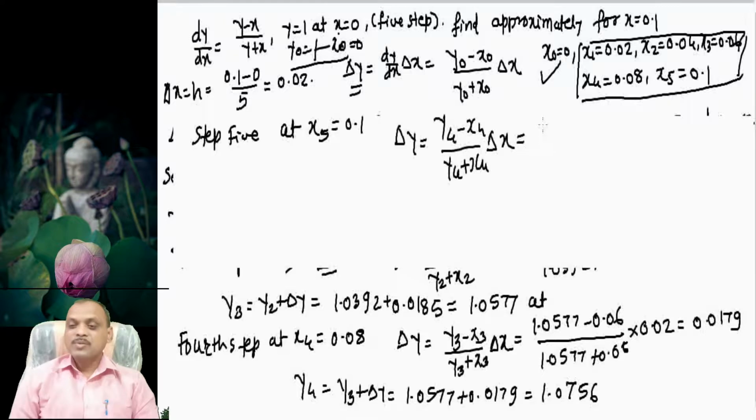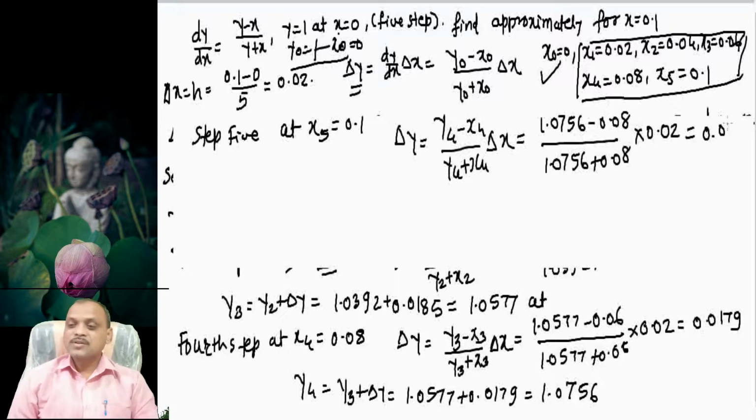Our y4 is 1.0756, so (1.0756 - 0.08)/(1.0756 + 0.08) into 0.02, and it will be 0.0172.